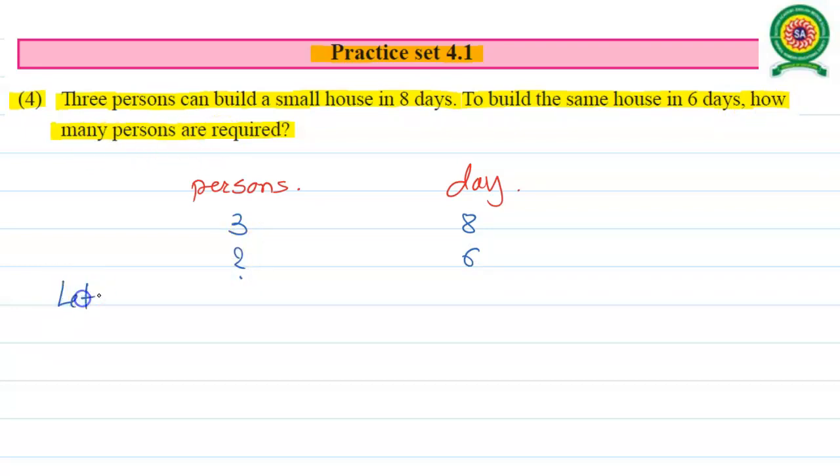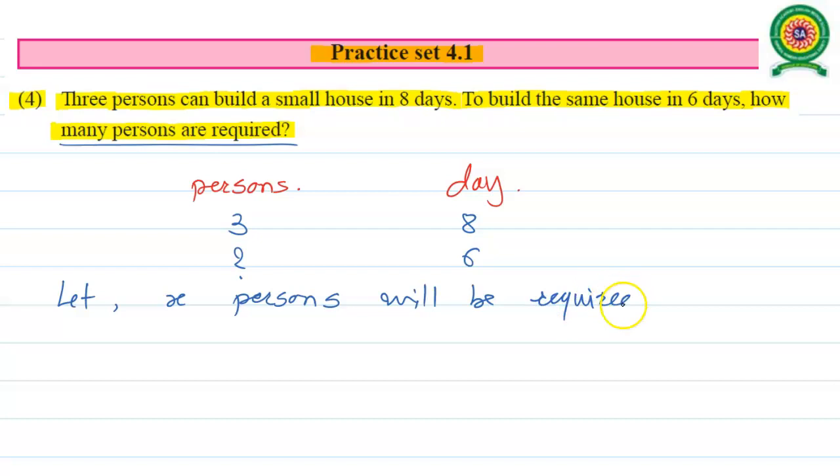Let us assume that whatever unknown we have in the word problem is always a variable. So let x persons be required to build the house in 6 days.